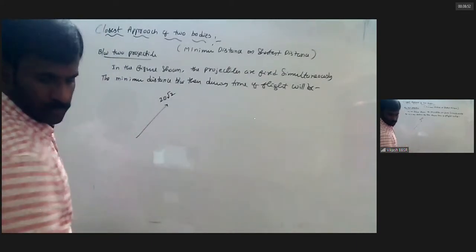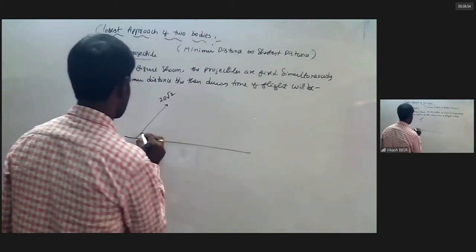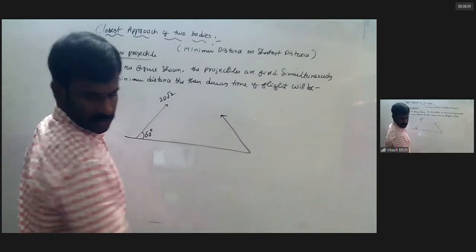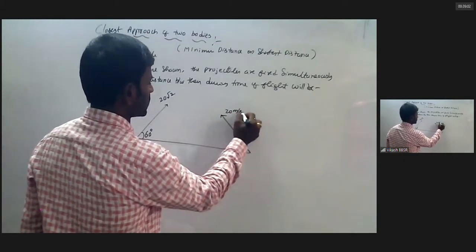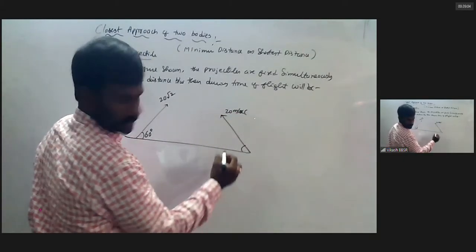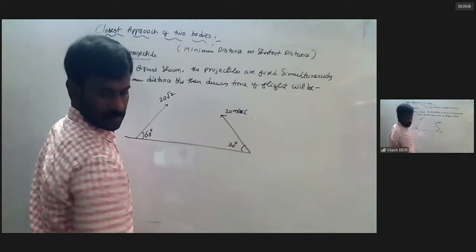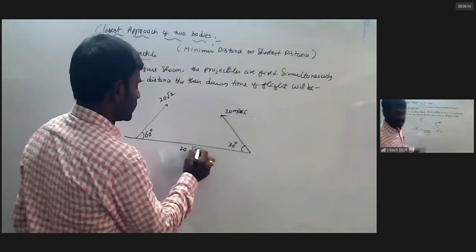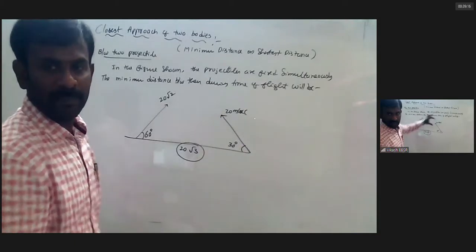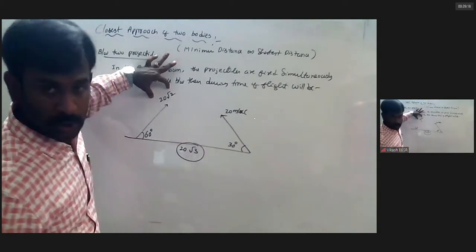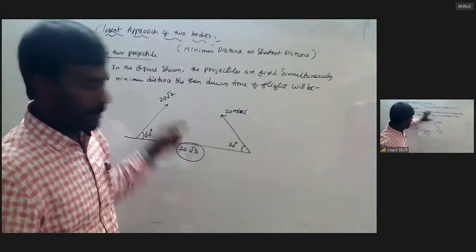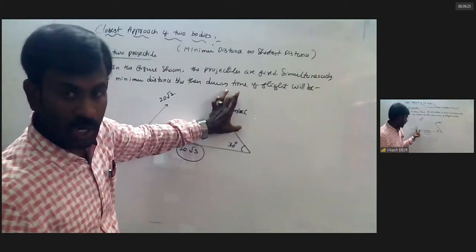20 root 3, 60 degree. This is 20 meter per second, 30 degree. This distance value will change, otherwise these are the same. They may give you 10 root 2, 10, 100, like that. Maybe the numbers will change, or sometimes the angles will change.